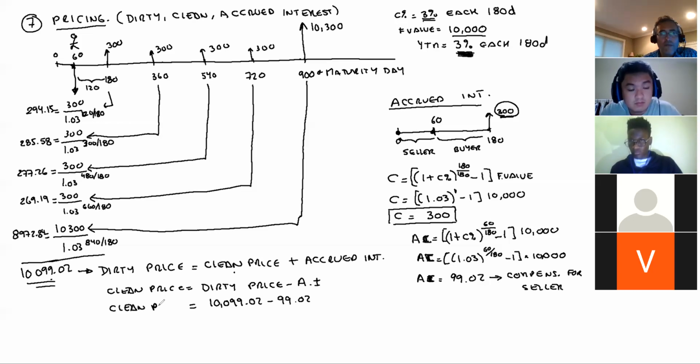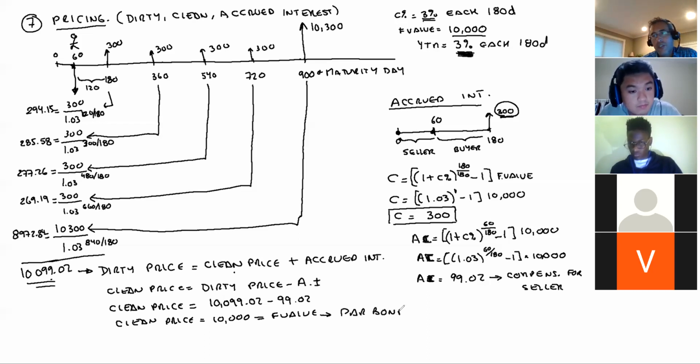So what do you get? 10,000. Exactly. And this is equal to the face value as expected, because these two rates are equal. And this one is called a par bond. Okay? Make sense?